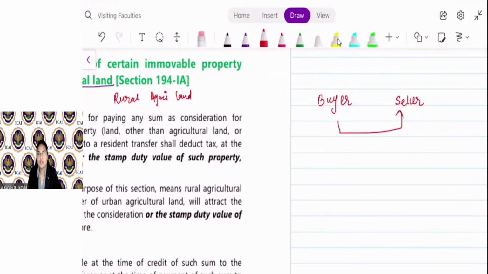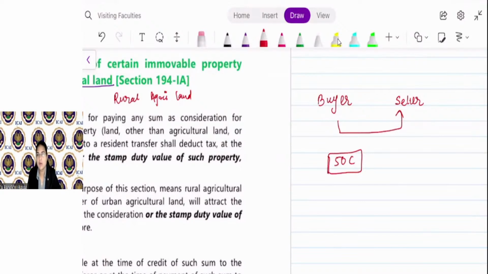So if the consideration is more than 50 lakh rupees, or the stamp duty value, you have all learned the concept of section 50C, which says that if the stamp duty value is more than 110% of consideration, then the stamp duty value is deemed to be your sale consideration.